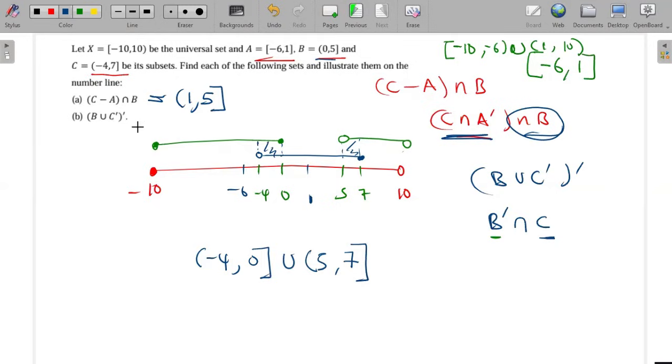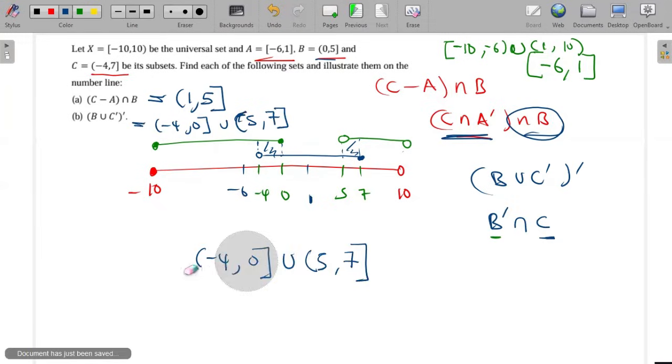So this here is the answer for this second one. That is -4, 0, I close, union, and then open at 5 and close at 7.